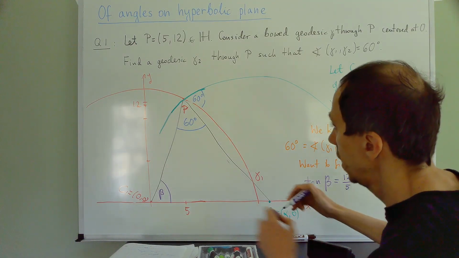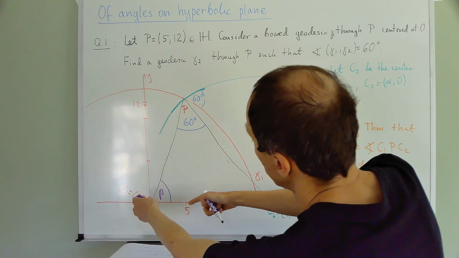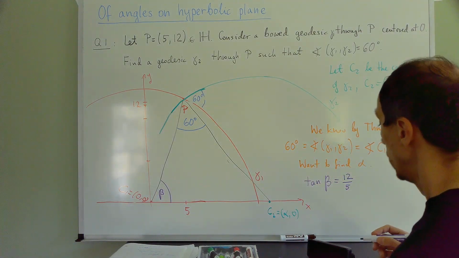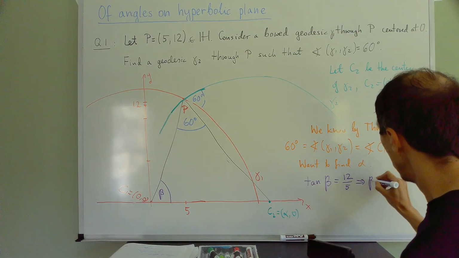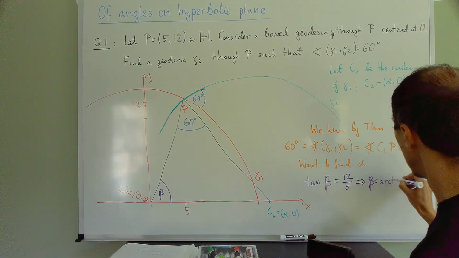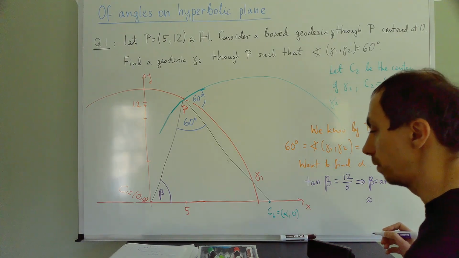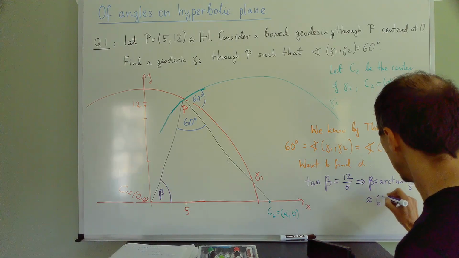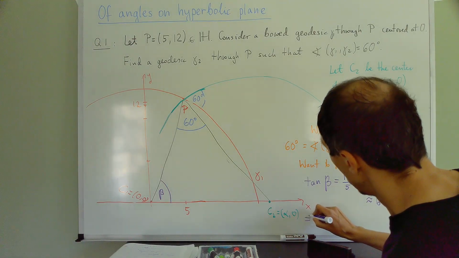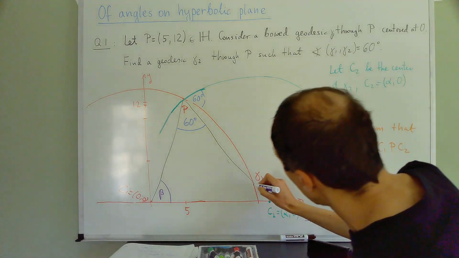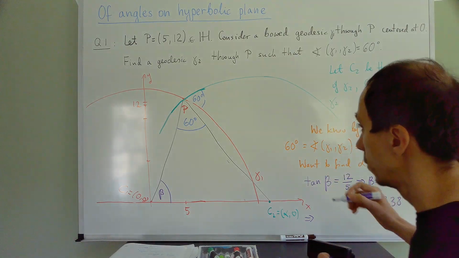The tangent is this leg divided by that leg, 12 and 5. So beta is arctangent of 12 over 5, roughly 67.38 degrees. Let's call the last angle delta.